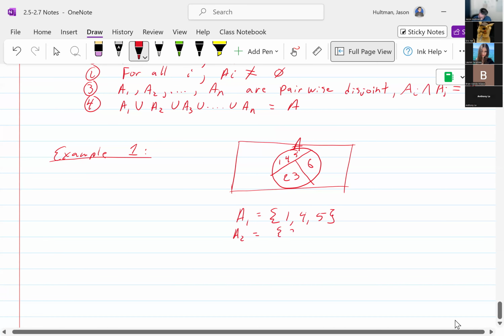A2 we could say is 2 and 3. And A3 is going to be 6. And these all form a partition of A.